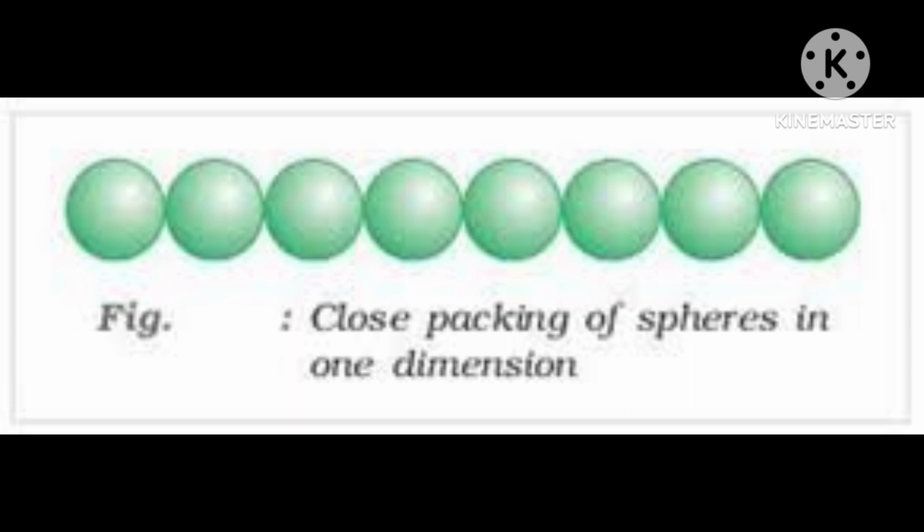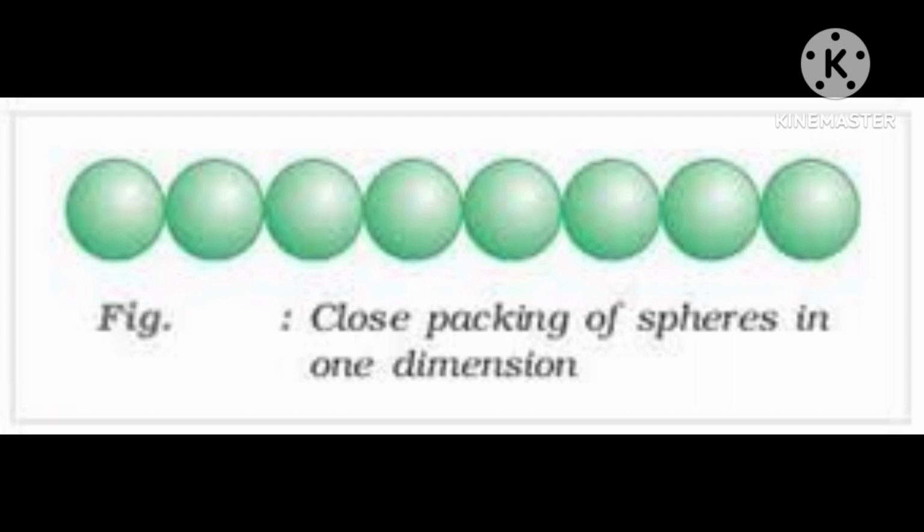In this arrangement, each sphere is in contact with two of its neighbors. The number of nearest neighbors of a particle is called its coordination number. If the question is asked, what is the coordination number? The number of nearest neighbors of a particle is called its coordination number.